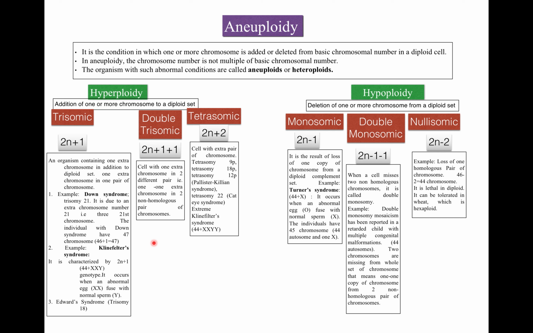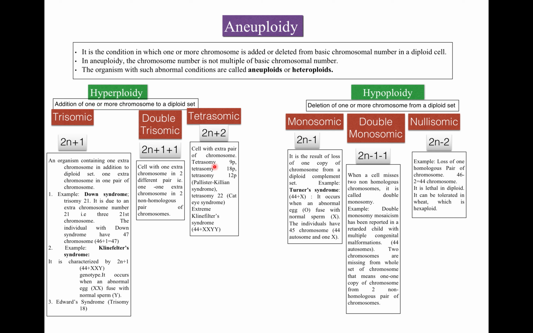If there is one more extra chromosome like at the 15th chromosome, then there are 3 15th chromosomes. So one extra chromosome in two non-homologous pairs of chromosomes, then it will be double trisomy. Means there is trisomy at two places, at two non-homologous pairs of chromosomes.